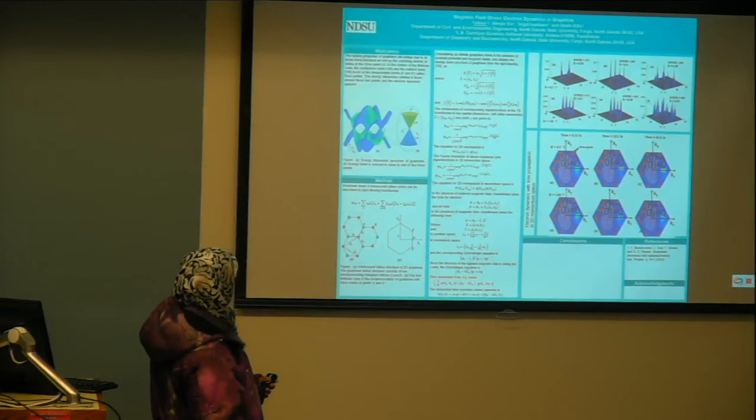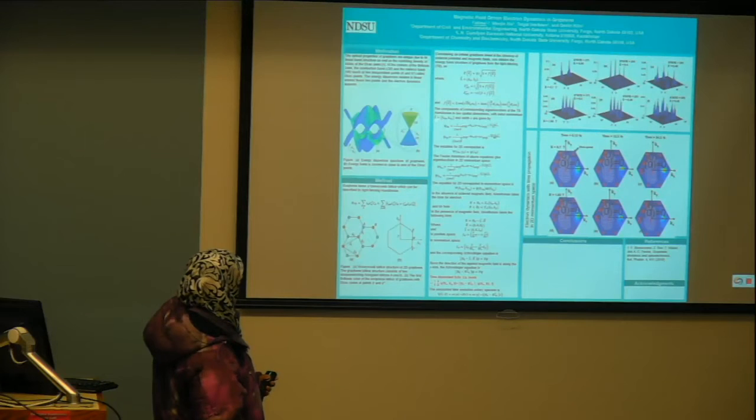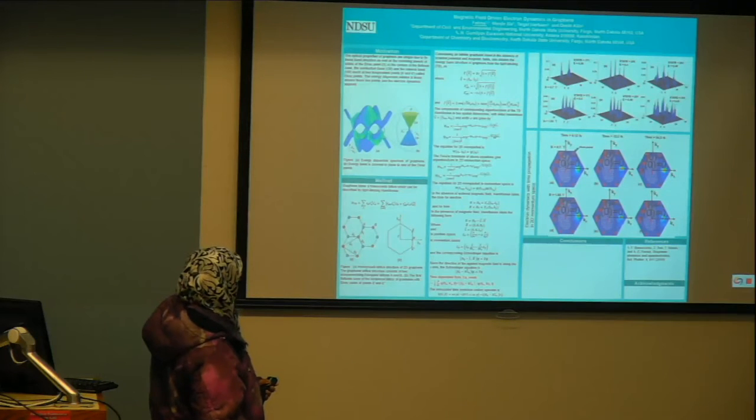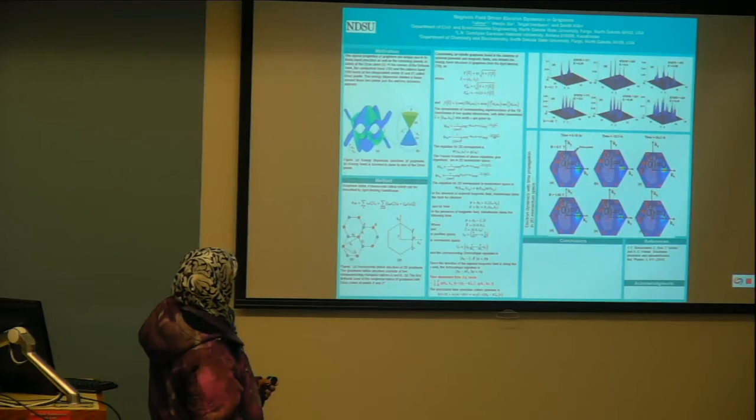Here obviously in 2 dimensions, the momentum K is a function of Kx and Ky. The equation for the 2-dimensional wave packet is here.